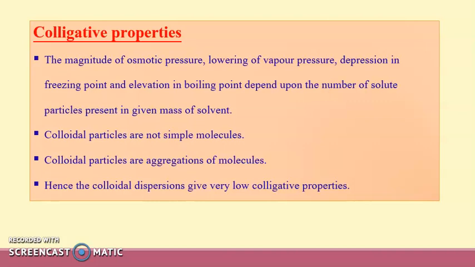These particles have bigger size than in a true solution. So the number of particles in a colloidal solution will be less than that in a true solution. Hence, the colloidal dispersions give very low colligative properties.